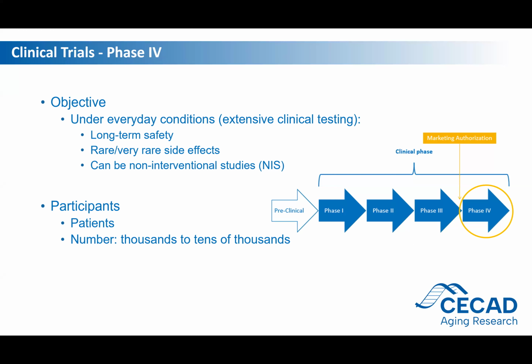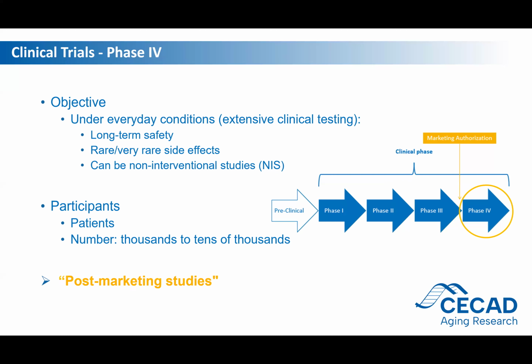The participants, again, of course, are patients who are eligible to receive the marketed drug. And now we are talking about thousands to tens of thousands of people, which allow us to get all the information that we just talked about regarding safety, side effects, which is really a great way to see what the compound actually does in the non-restricted environment and actually see what it does to the general population.